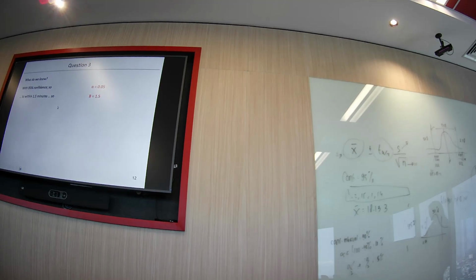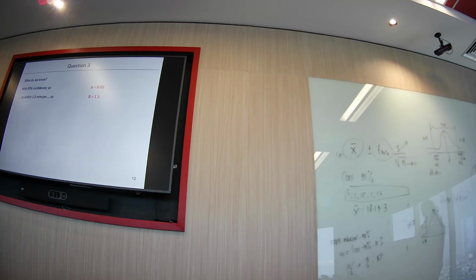This one, B, is the within 1.5 minutes. It's the maximum error actually. B represents the maximum error, how much it will deviate. And then you know that the standard deviation is 10. So to estimate mu, you can get this one. So the n should be greater than 173 something.